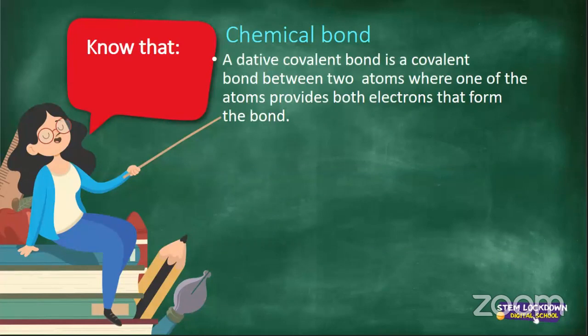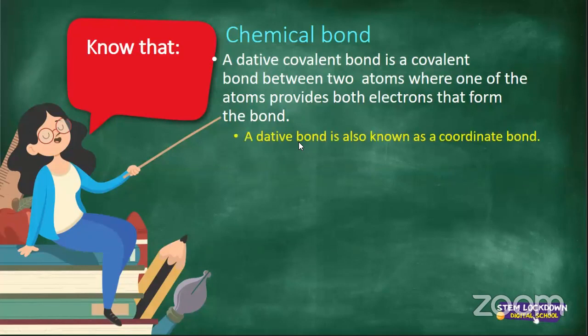Right, let's deal with the dative covalent bond. It's a covalent bond between 2 atoms where one of the atoms provides the electrons that form the bond. Remember, we have said that one of the atoms must have a lone pair, and the other atom that is coming must have an empty shell. We have talked about oxygen and hydrogen, or nitrogen and hydrogen, as examples of that.